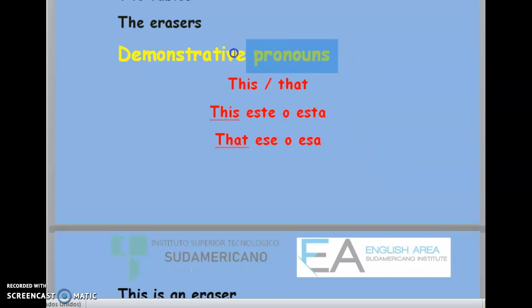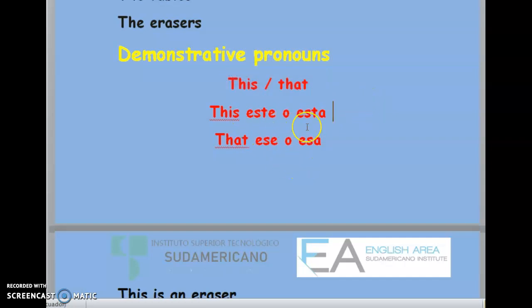And here you have demonstrative pronouns, los pronombres demostrativos. Demonstrative pronouns. Vamos armando nuestro rompecabezas ya en inglés. Aquí tenemos this and that. Vamos a comenzar primerito con this. Estos dos nos sirven para palabras singulares. Ok, todos estos dos trabajan con singular.